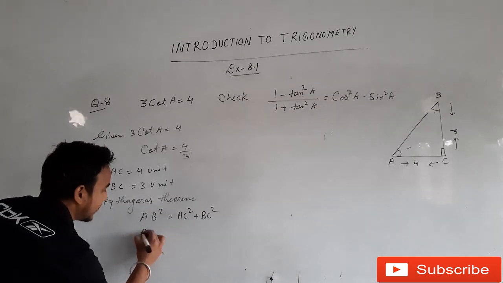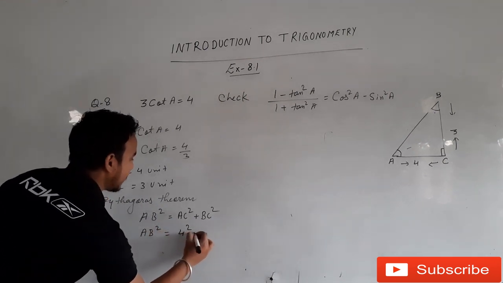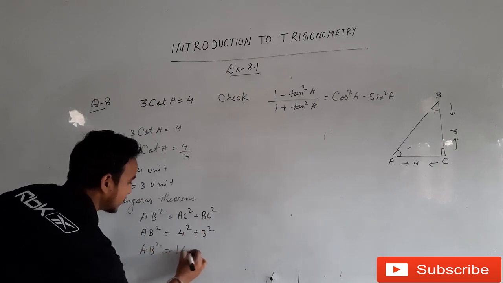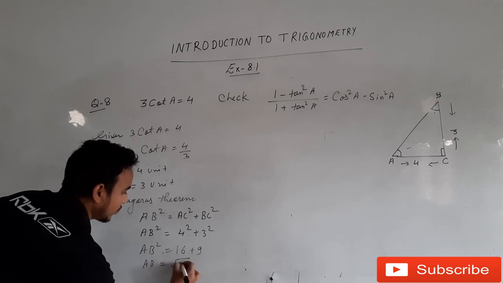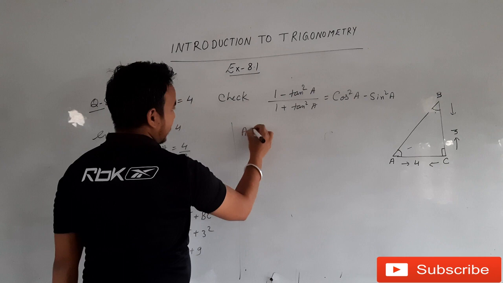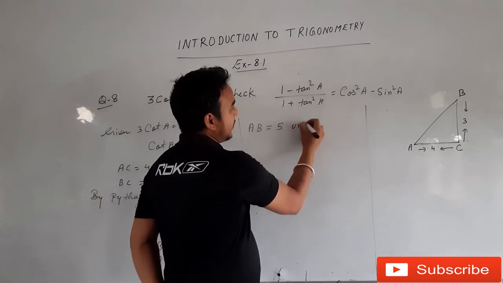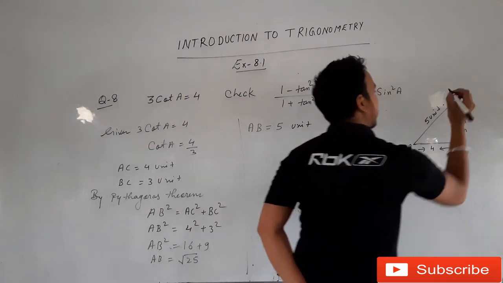It means AB square is equal to 4 square plus 3 square. AB square is equal to 16 plus 9. AB is equal to under root 25. This will be 5 units. It means AB will be 5 units.